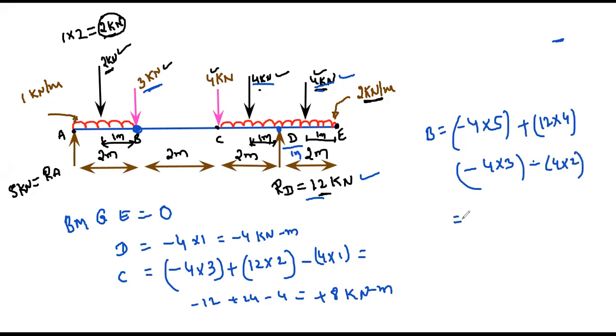So if you simplify, at point B it should be plus 8 again. Next at point A, if you simplify in the same manner, you will get 0. So these are the values of bending moment.